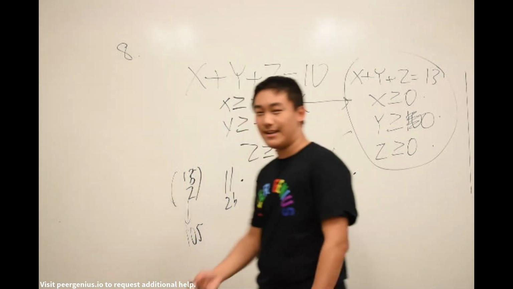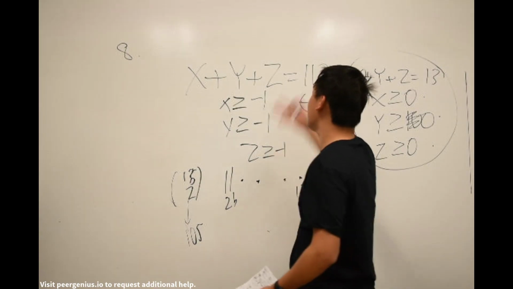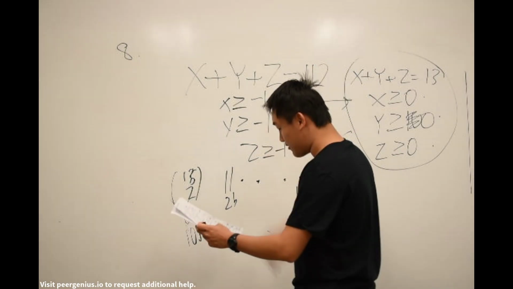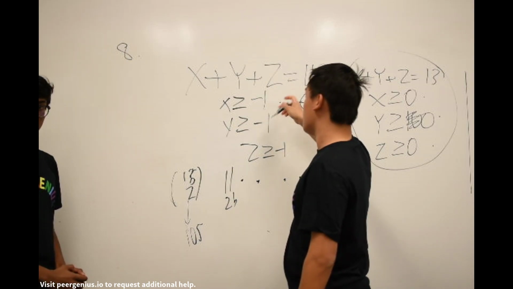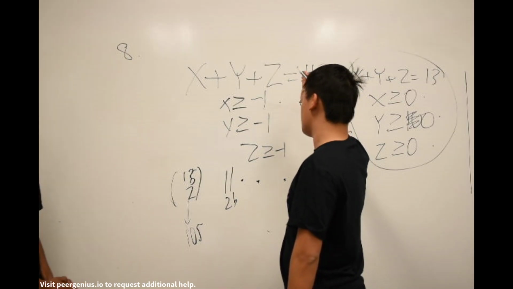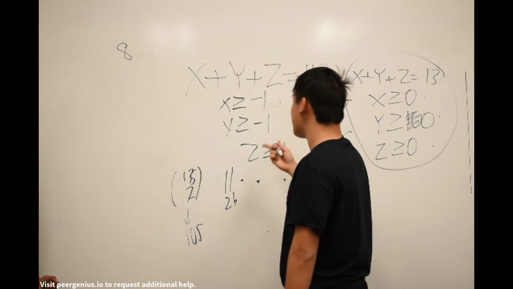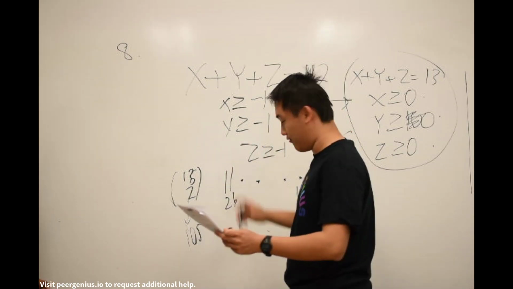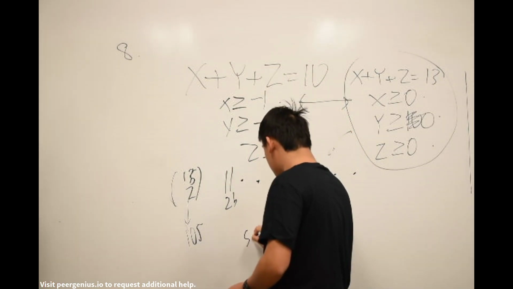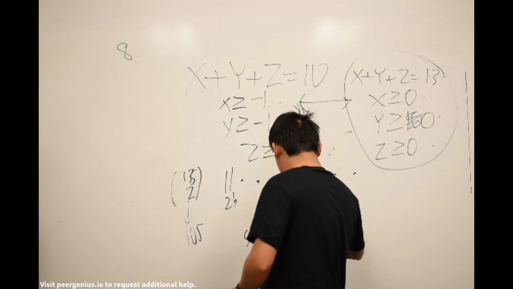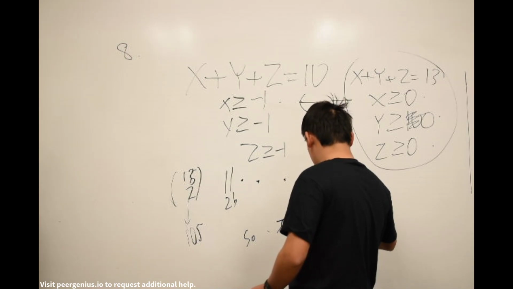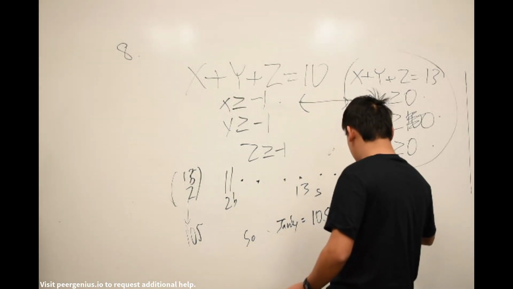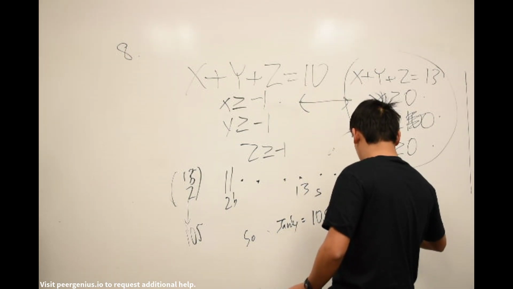Now you might be thinking, how does this relate to the janky condition? Basically, this condition equals the x greater than or equal to 0 condition plus the x equals -1 condition. So janky equals 105 minus the x equals -1 condition.